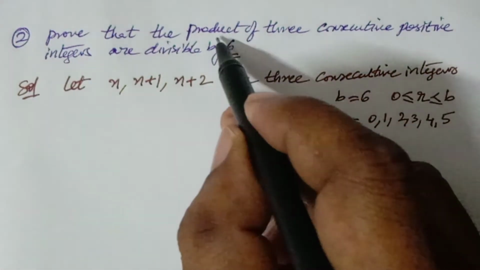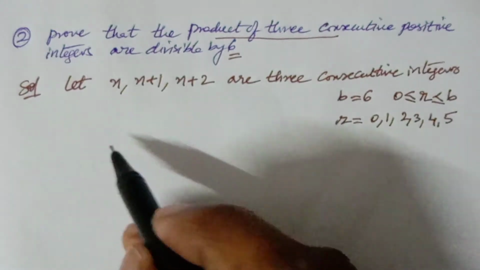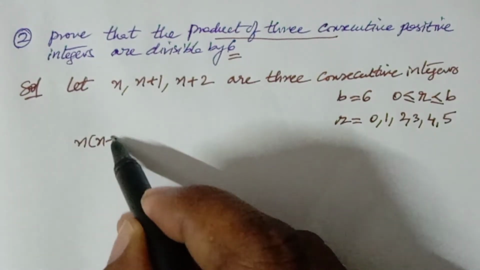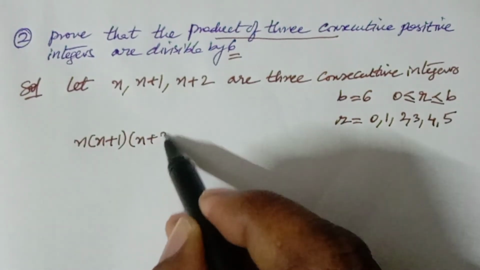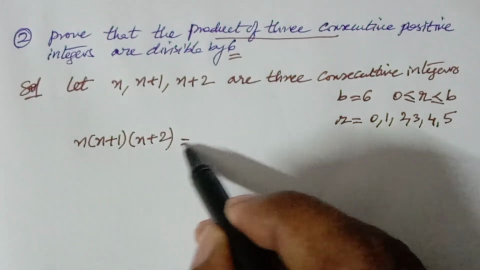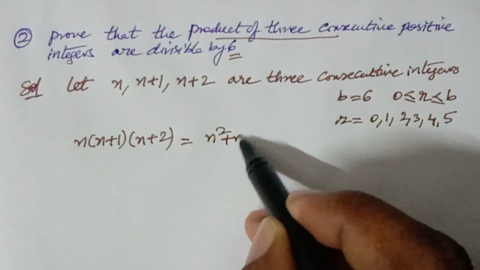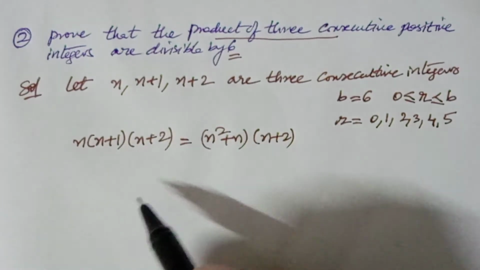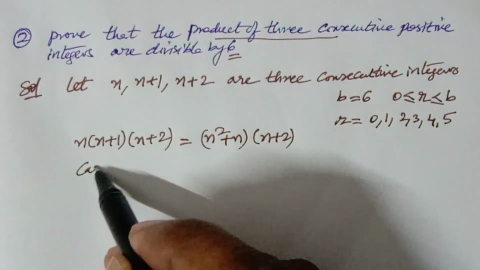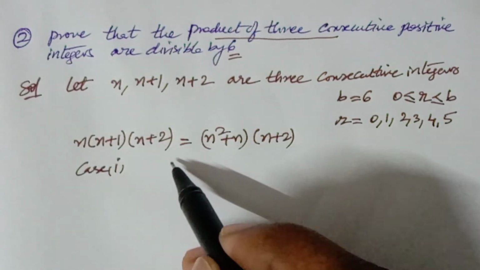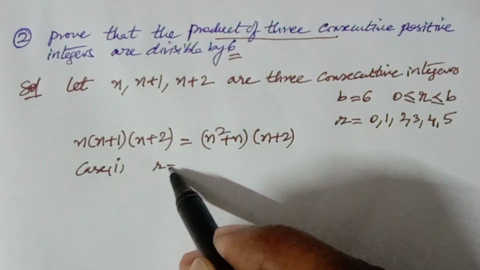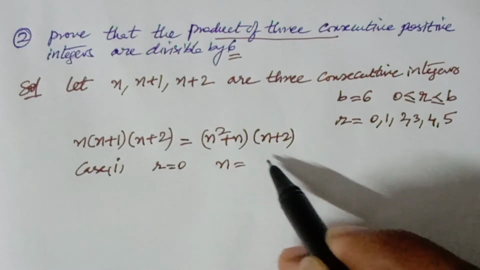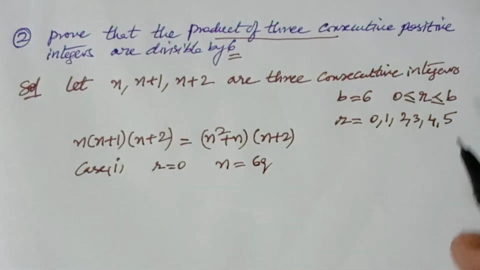Now we are asked to find the product of three consecutive integers, n into n plus 1 into n plus 2. Now you will take case 1. Case 1, r value 0, then n will be 6q.